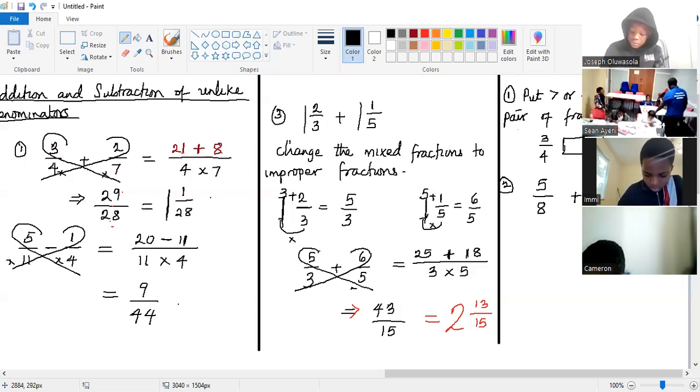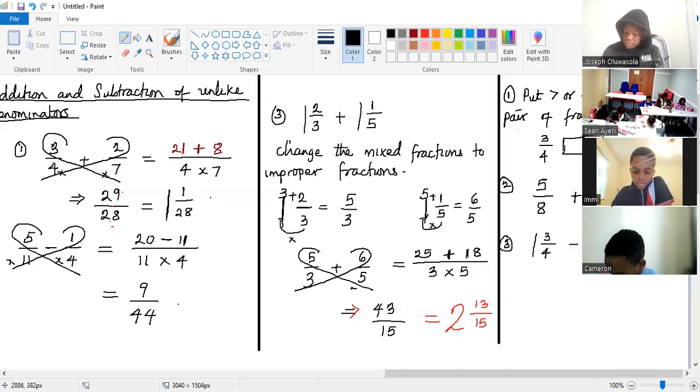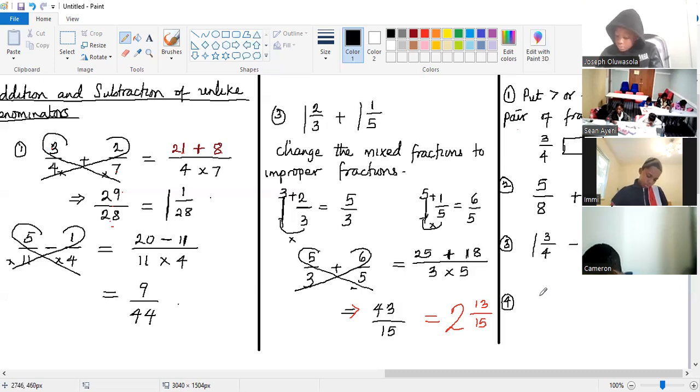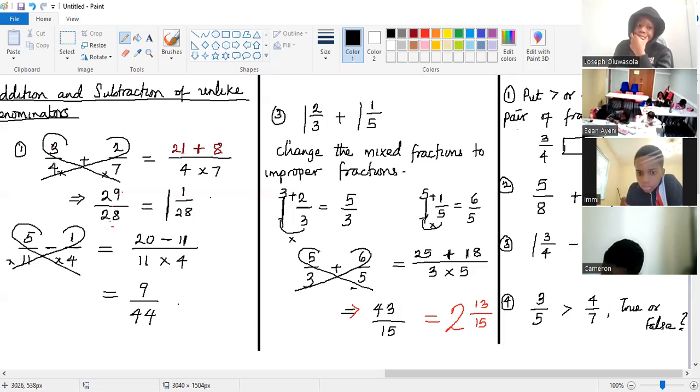Can we write on a new section? I want you to try this. Does the first one say 3/4? Yeah, 3/4.